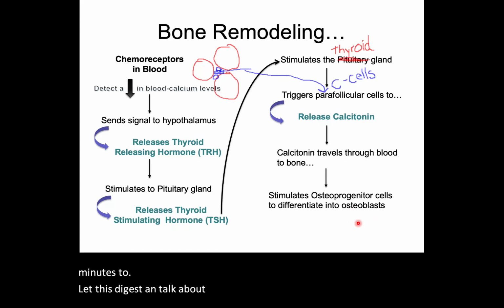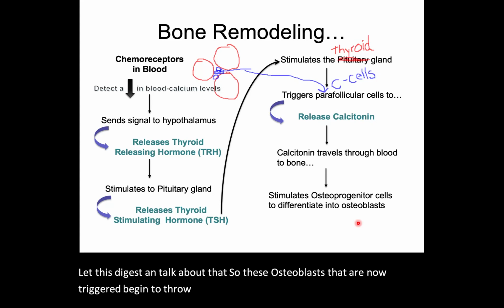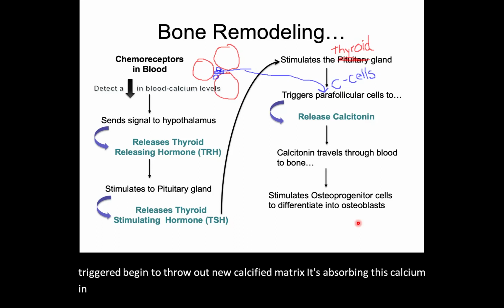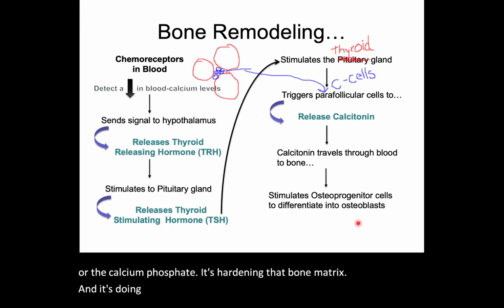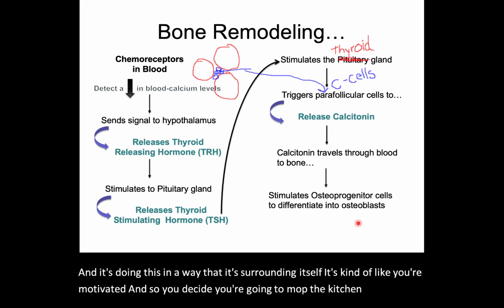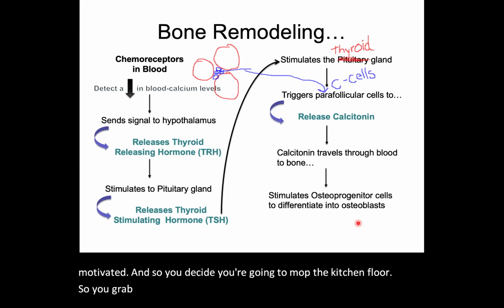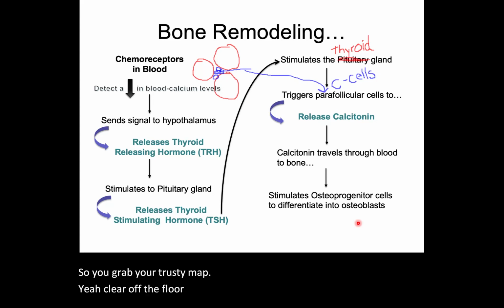So these osteoblasts that are now triggered begin to throw out new calcified matrix. It's absorbing this calcium in, it's binding it to phosphate, it's creating the hydroxyapatite or the calcium phosphate, it's hardening that bone matrix. Right? And it's doing this in a way that it's surrounding itself. It's kind of like you're motivated, and so you decide you're going to mop the kitchen floor. And so you grab your trusty mop, you clear off the floor, you prepare it for mopping.